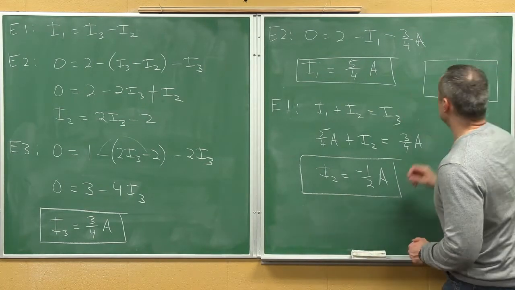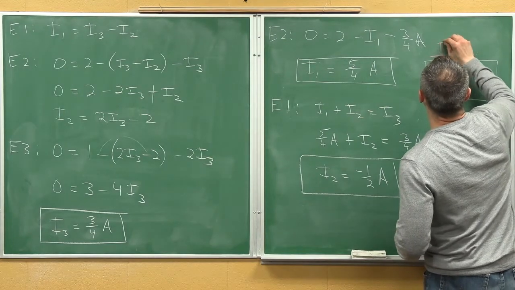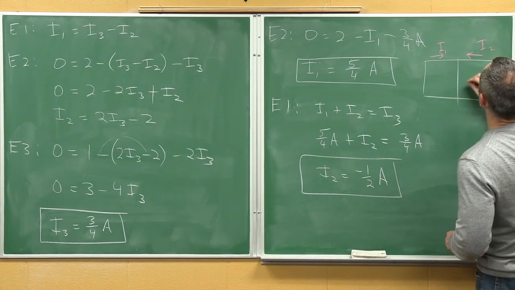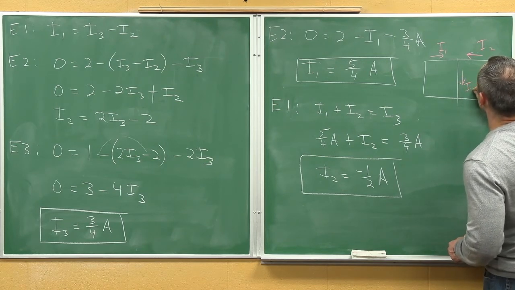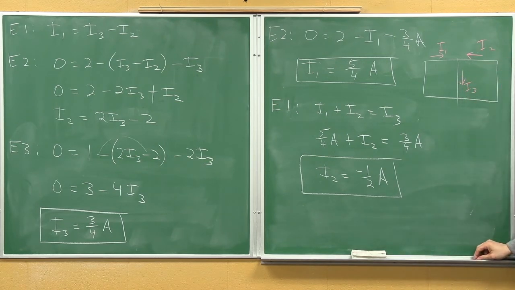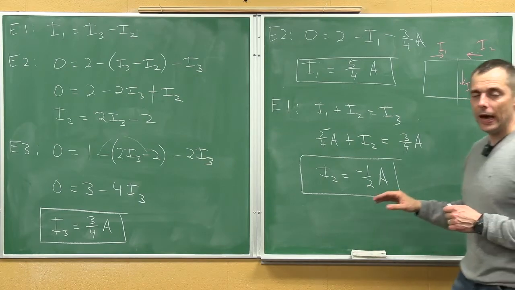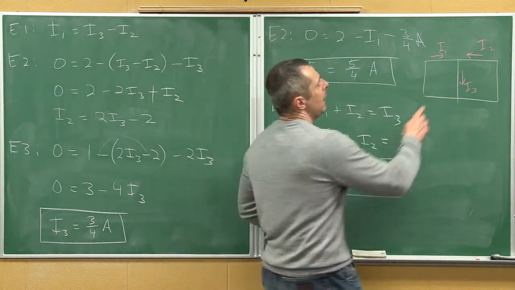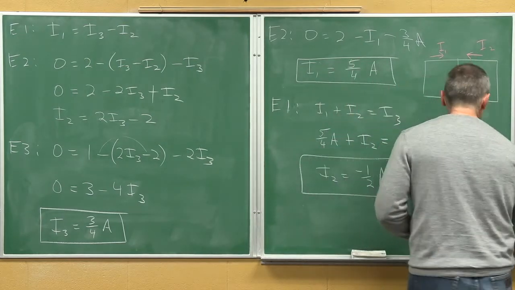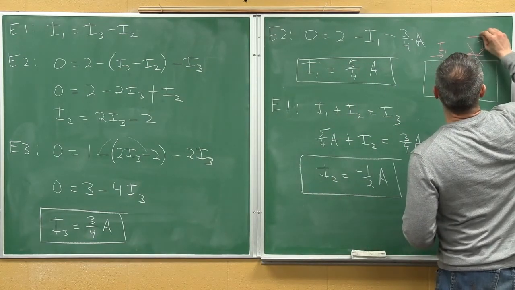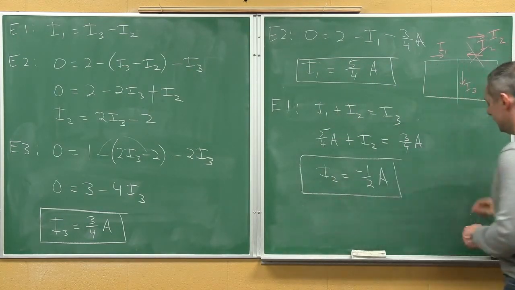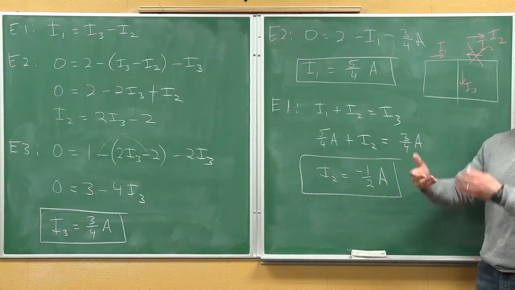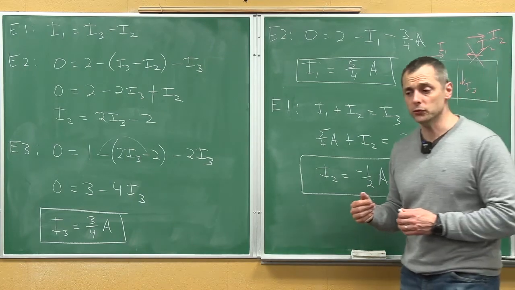So what I said is that I1 went like this, I2 went like this, and I3 went like this. That was my guess. I can now see I was wrong with current 2 because it came out negative, which means that current 2 actually goes like this. And guessing wrong was okay because the minus sign just tells me, hey, make it go the other way. That's the real way it goes.